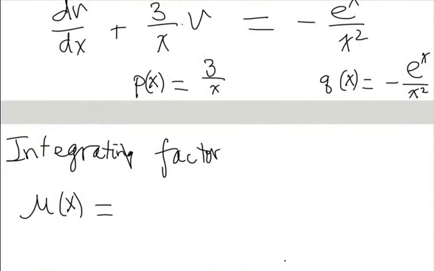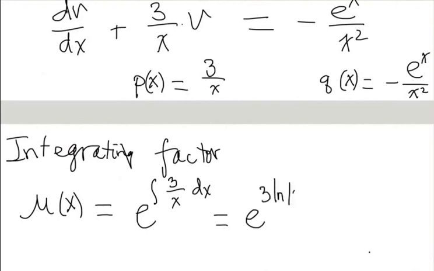Again, you may pause the video and try this yourself. But the integrating factor is e to the integral of 3 over x dx. So we get e to the 3 log of absolute value of x. No adding c here. And because x is positive, we can ignore the absolute value.